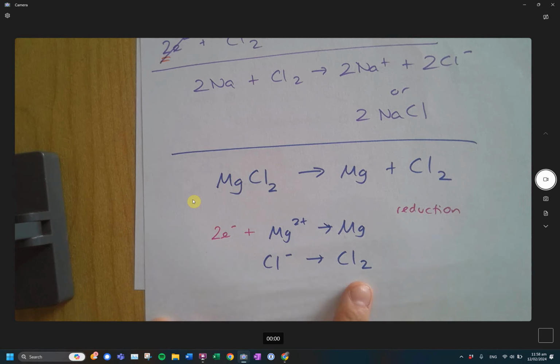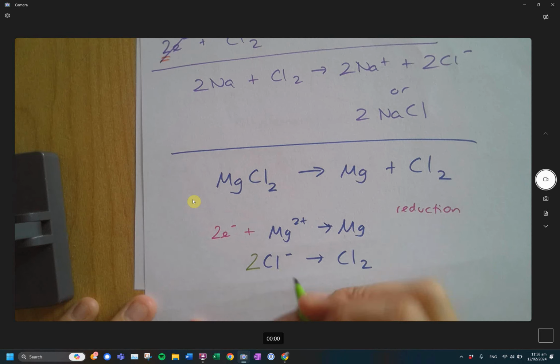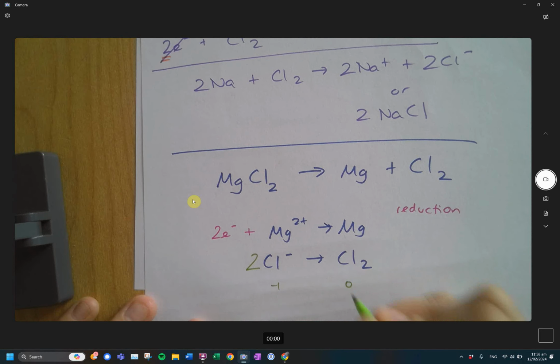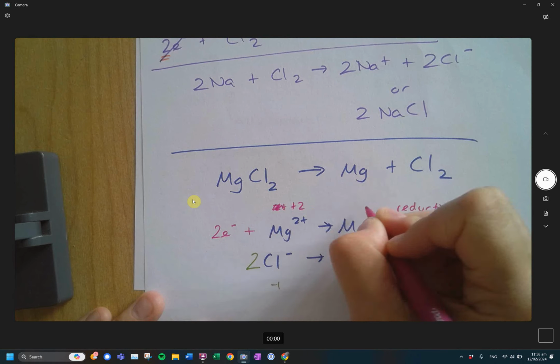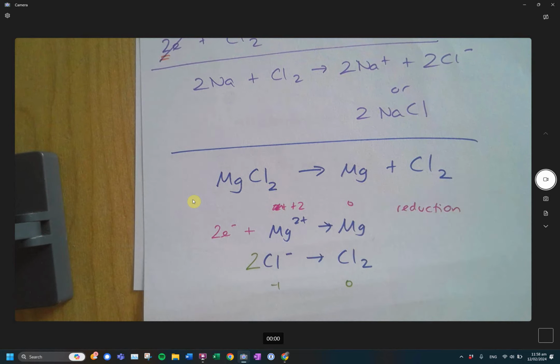All right. So we see how this is not balanced. So I'm putting a 2 in front. Now I see that the oxidation number has gone from -1 to 0. The one above went from +2 to 0. I also see that this had a negative charge, and now that negative charge is gone. So did I gain or lose electrons? I lost. So they're going to be on this side.